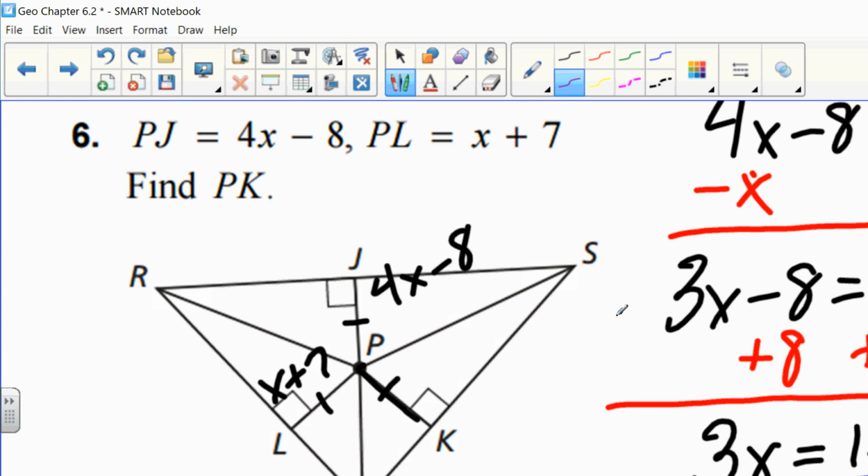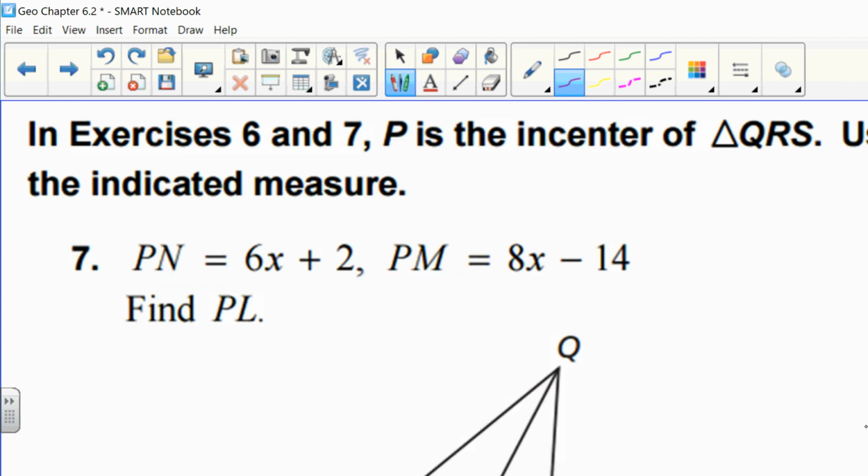So the length of PL would be 12. Any questions on any of this here?